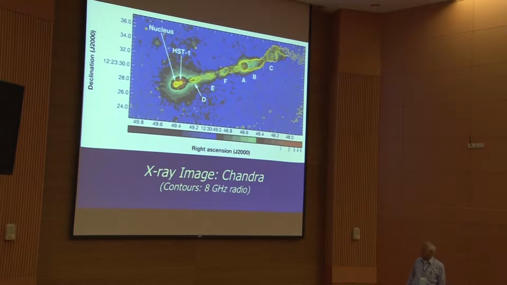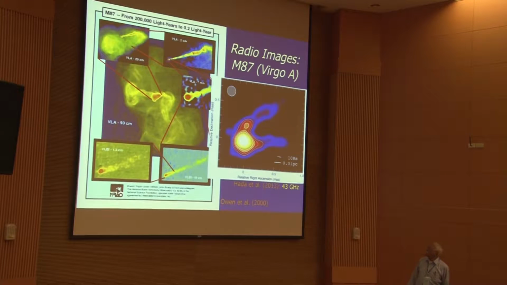So these are all famous knots, knot A, knot B, knot C, etc. That's the Chandra image. But radio is where we really see this whole jet system in all its glory. So here, for instance, is a composite taken from Owen's paper, starting with the 90 centimeter image, the longest wavelength image. I think there's a low-frequency image, even lower frequency than this. I should have shown it.